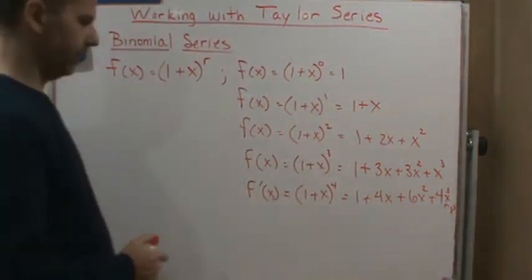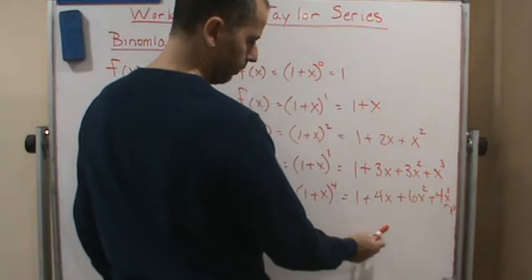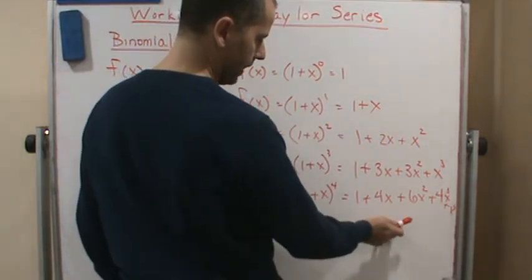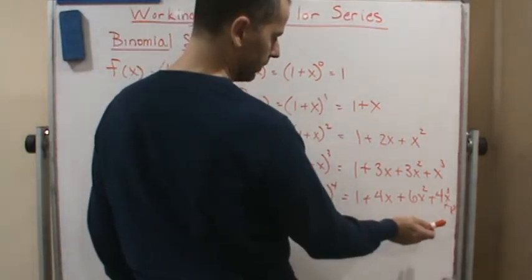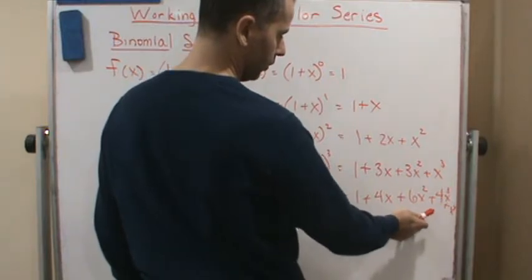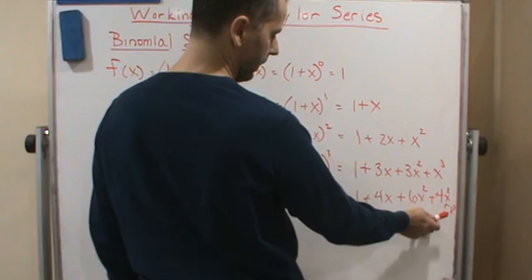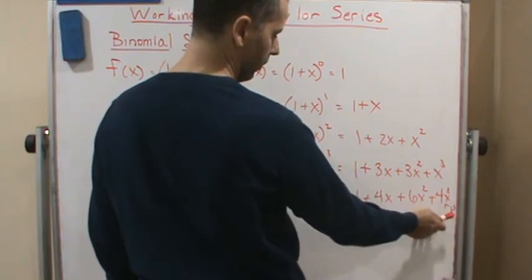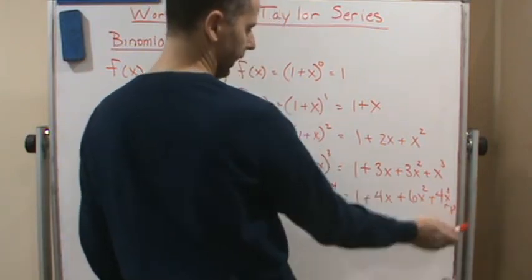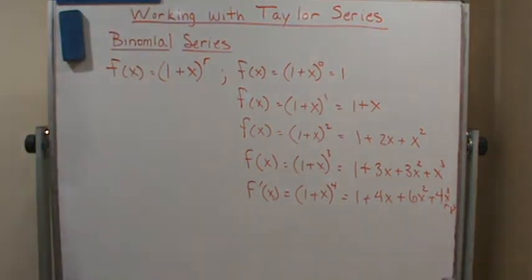And then if we go on, it'll be 1 plus 5x plus 10x squared plus 10x cubed plus 5x to the 4th plus x to the 5th, right? Because now there's a pattern.